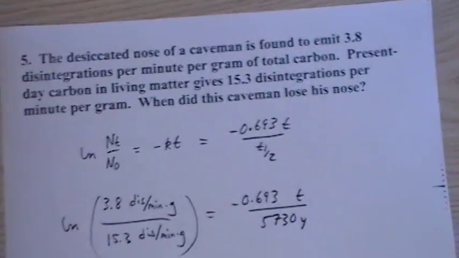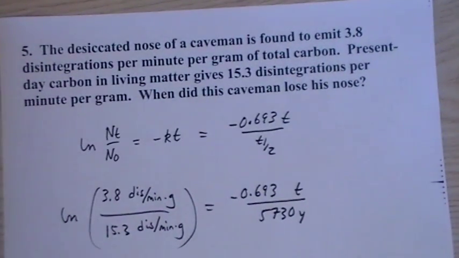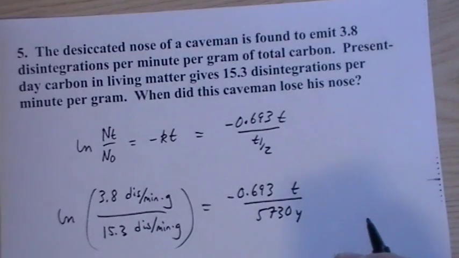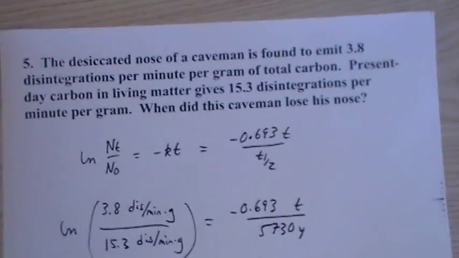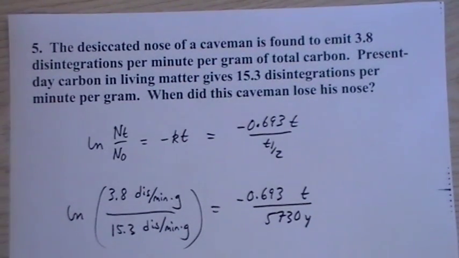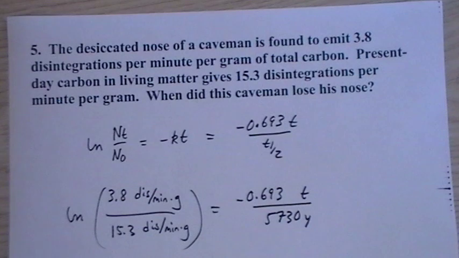Alright, so the desiccated nose of a caveman is found to emit 3.8 disintegrations per minute per gram of total carbon. Now when we're doing carbon dating like this, we need to have a piece of matter that was living at one time. So I just picked the nose.